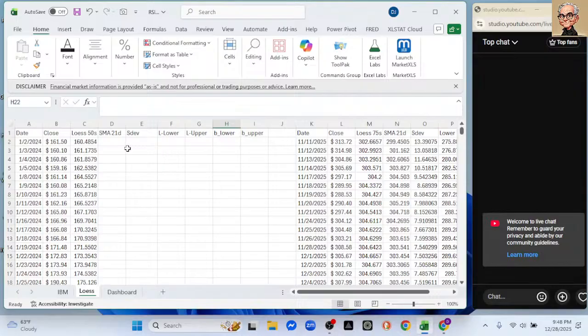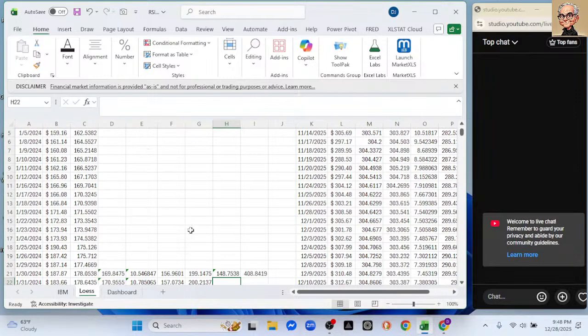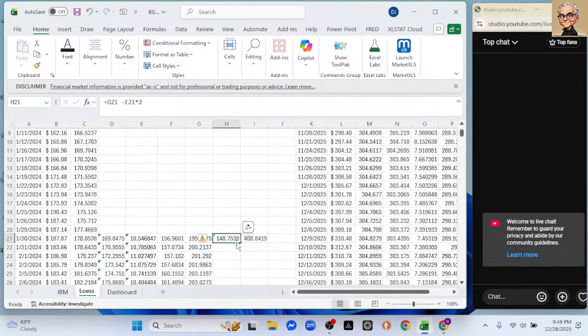Yeah. So it should be D plus 2 times standard deviation. Right. Okay, good.